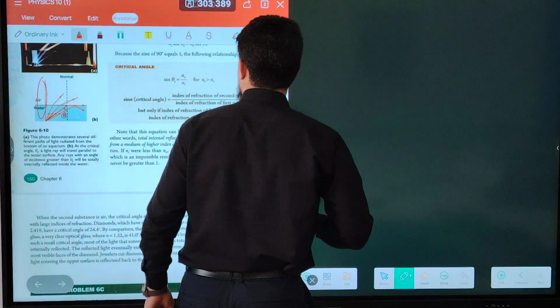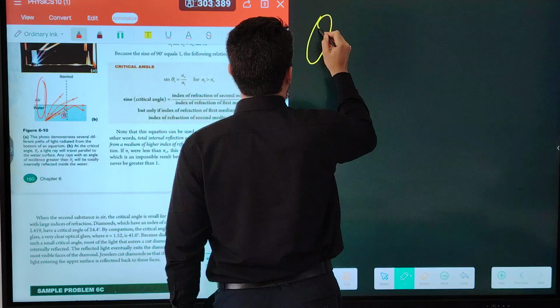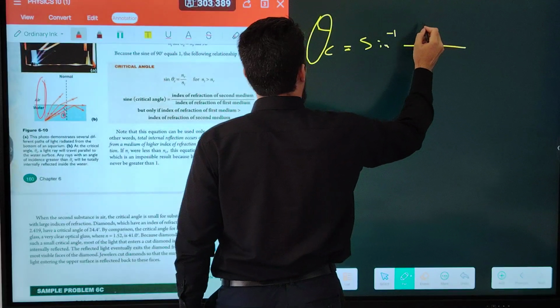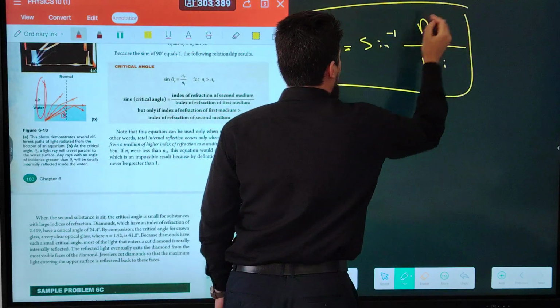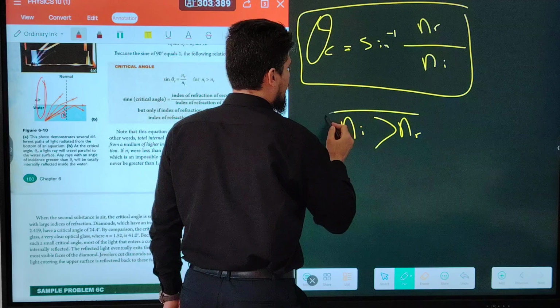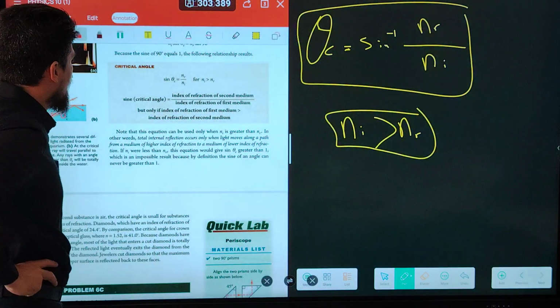And also Snell's law can be used to determine the critical angle. Critical angle is equal to what? It is equal to sine inverse Nr over Ni, where Ni is always bigger than Nr.